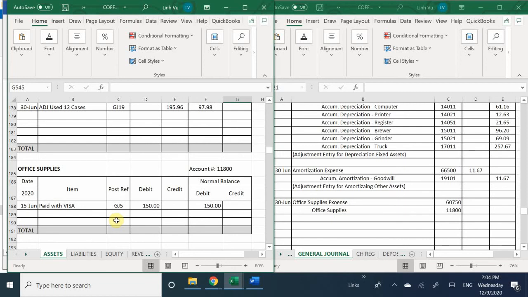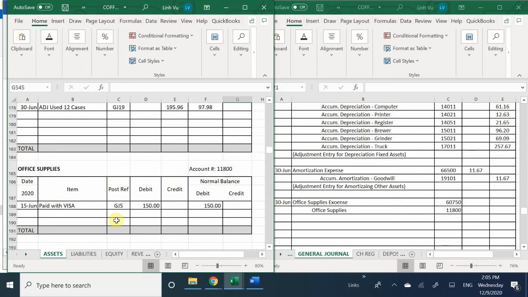Whatever we needed, and it cost us $150. So in our ledger, as far as office supplies, we currently have $150 worth of supplies. Now, if I tell you at the end of the month you only have $80 on hand, how much did you use?